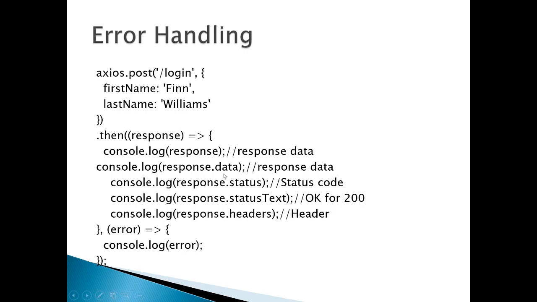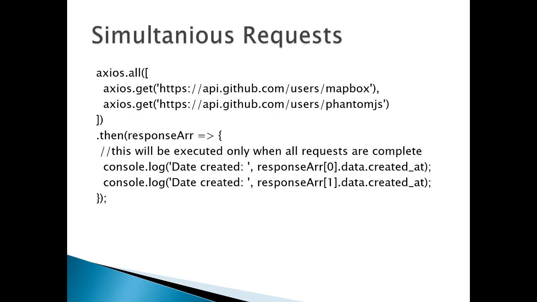Response.data also contains the data. Response.status contains the status code. Response.statusText contains the OK. Response.headers provides you the headers sent by the server. So this information can be received using your Axios response.